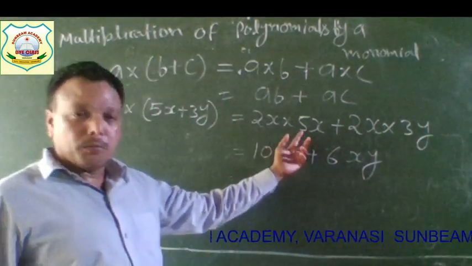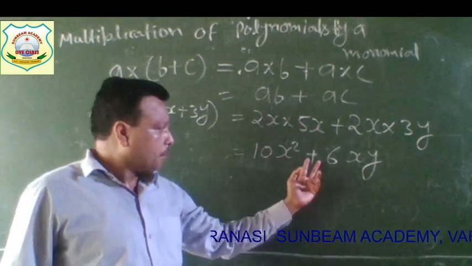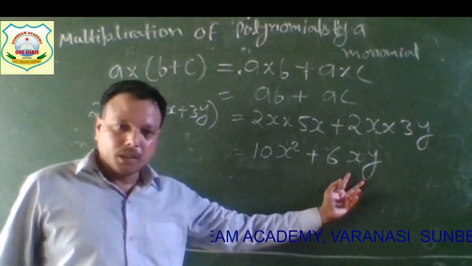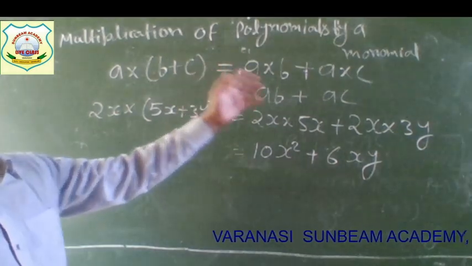Now 2 into 5, what will come? 10, x into x, that is x square, plus 2 threes are 6, x into y, that is xy. Students, this way we have to multiply a polynomial by a monomial.